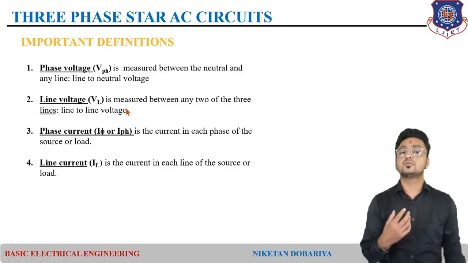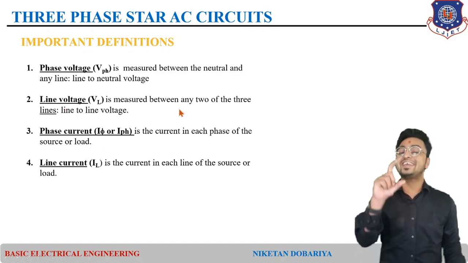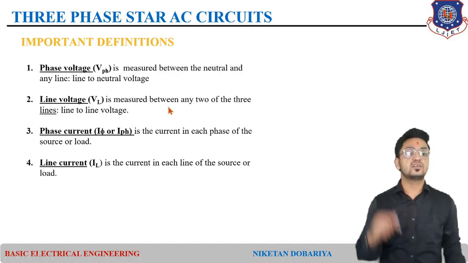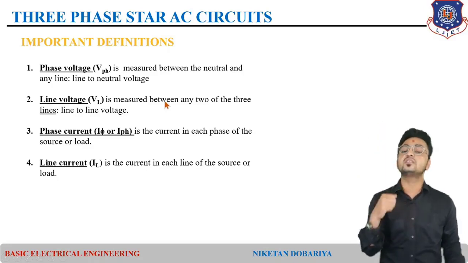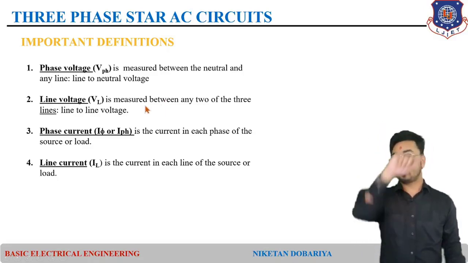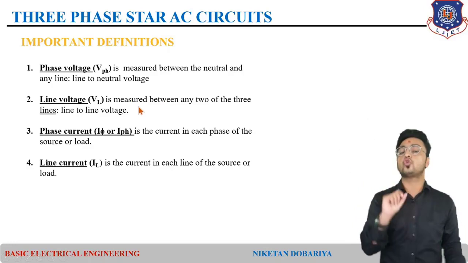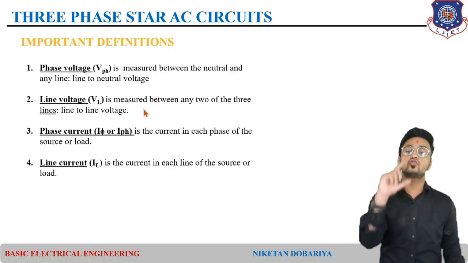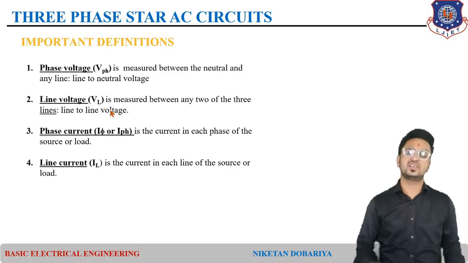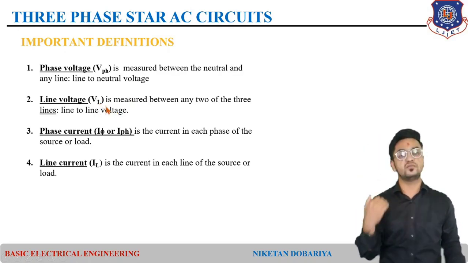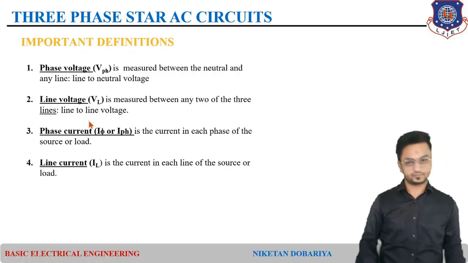If we measure the voltage between any two lines, as an example line A and line B, and you directly measure between these two lines, from A to B there will be two coils between those two lines, and that voltage will be known as the line voltage. In the same way you can consider B to C, and C to A.